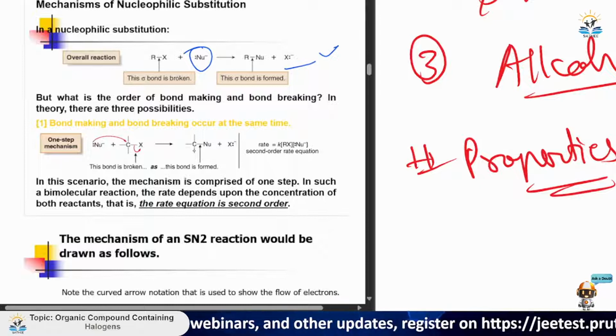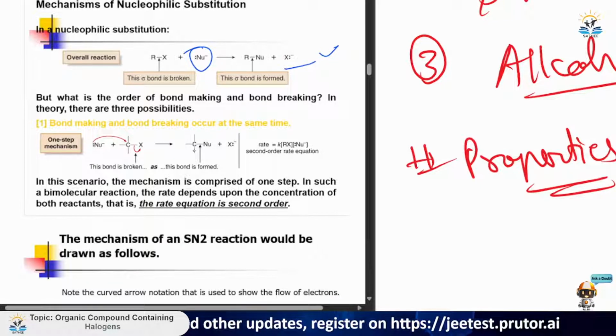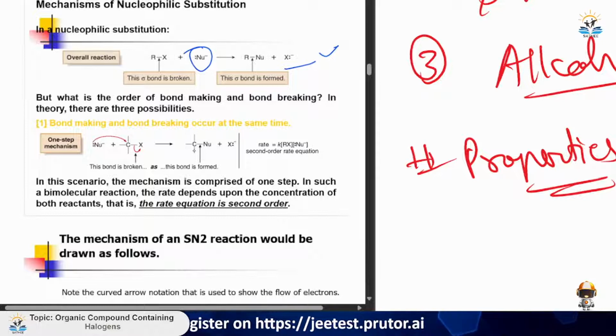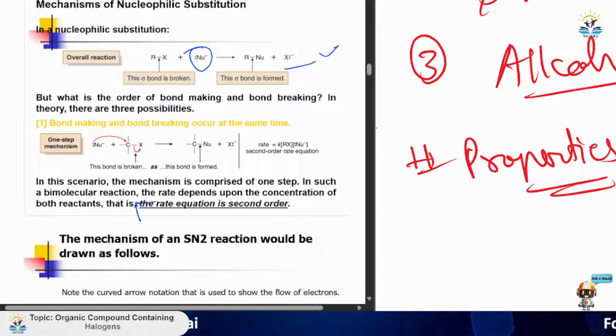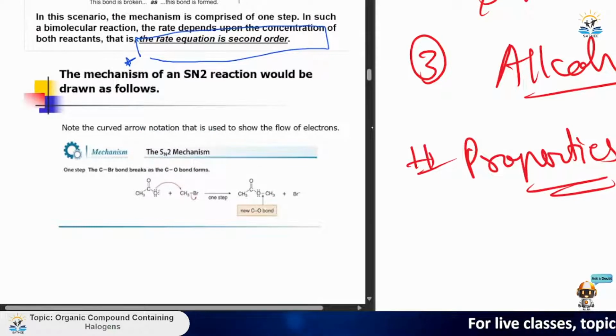When the nucleophile comes and the leaving group leaves the carbon atom of the alkyl halide compound, both the bond formation and bond breaking occur at the same time. So it is a one-step mechanism. That's why it is called an SN2 reaction, and the rate equation is second order. It can be asked in the question too. So this is the chemical or mathematical part.